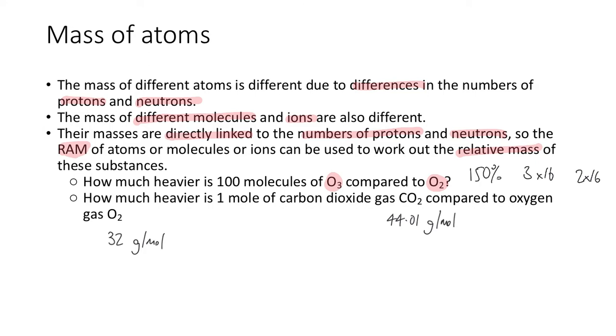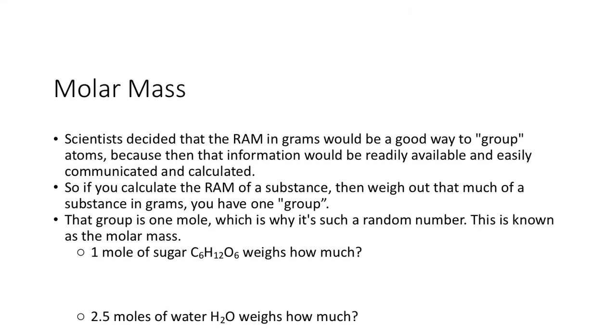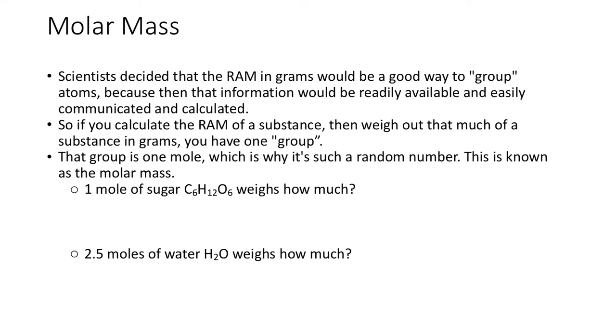So let's keep moving. Molar mass. Scientists decided that the RAM in grams would be a good way to group atoms, because then the information would be readily available, since RAMs are easy to describe to other people and then easily communicated and calculated.